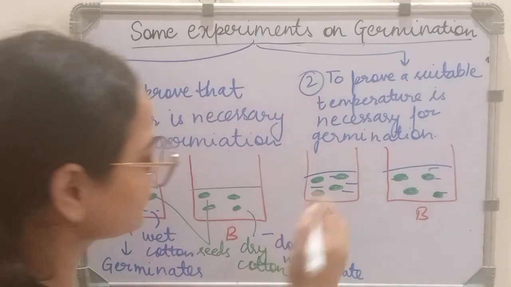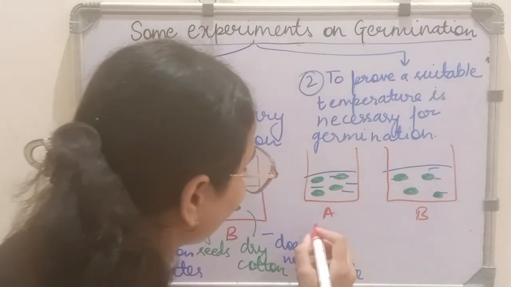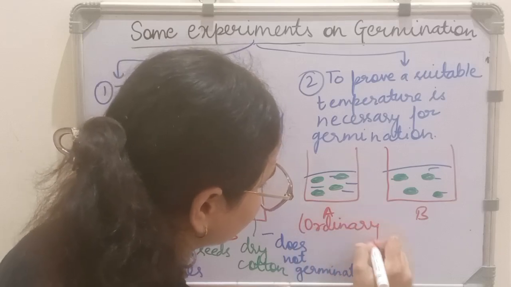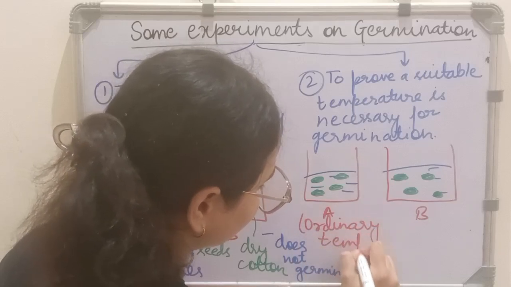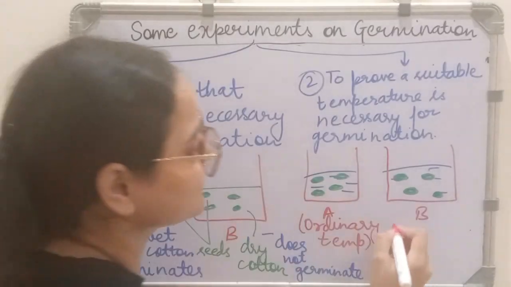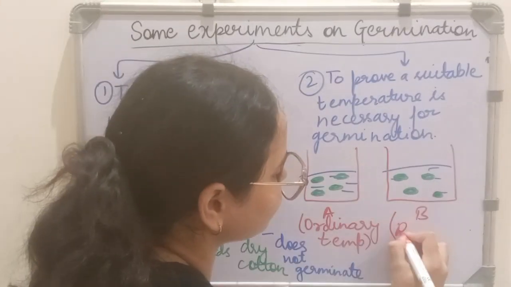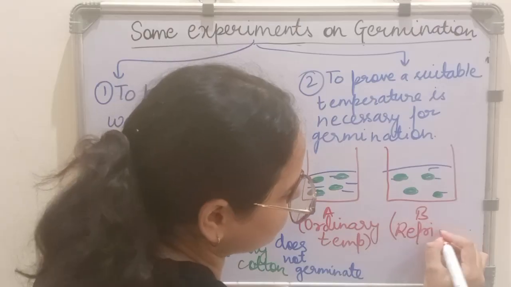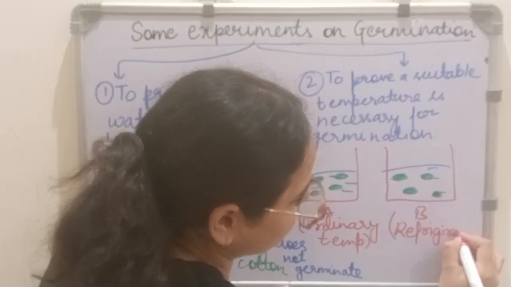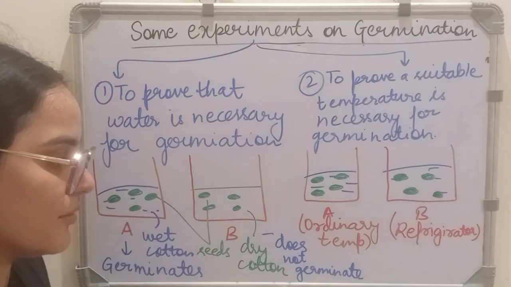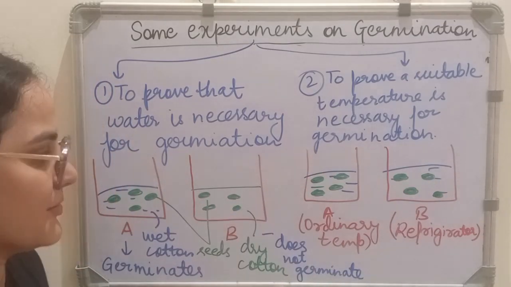So A is kept at ordinary temperature, whereas B is kept in the refrigerator. So here the temperature will be very low, and here the temperature will be normal.